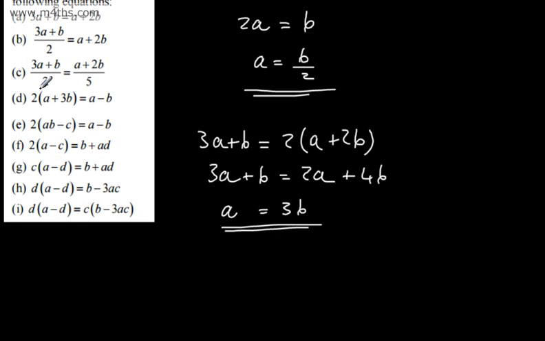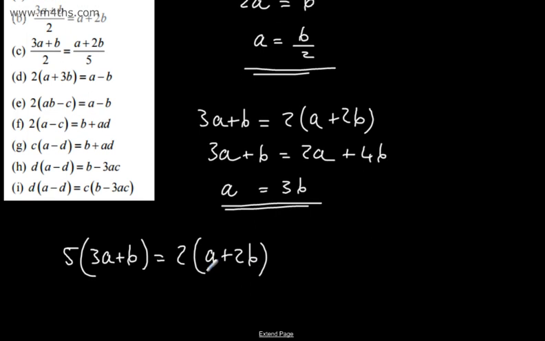So if I do that, 10 over 2 is 5, so we'll have 5 lots of 3a plus b, and that will be equal to, now 10 over 5 is 2 lots of a plus 2b. So expanding out, we're going to have 15a plus 5b is equal to 2a plus 4b.